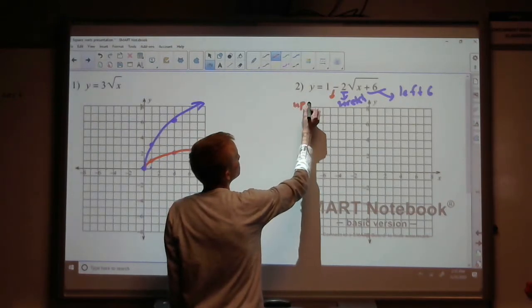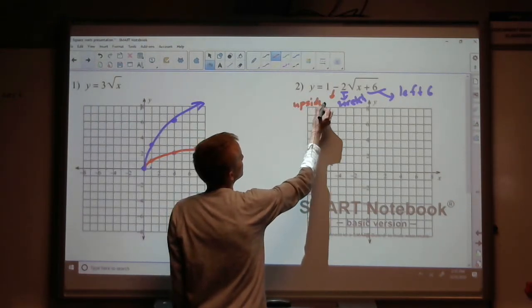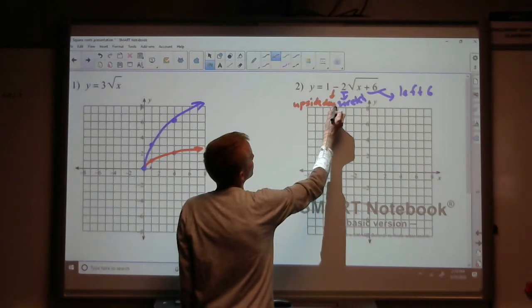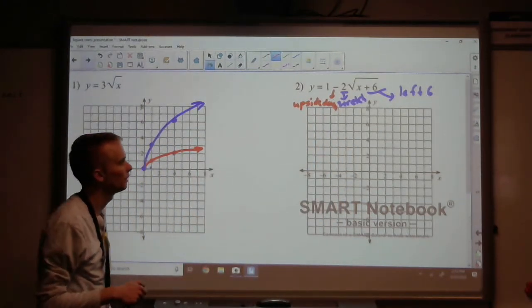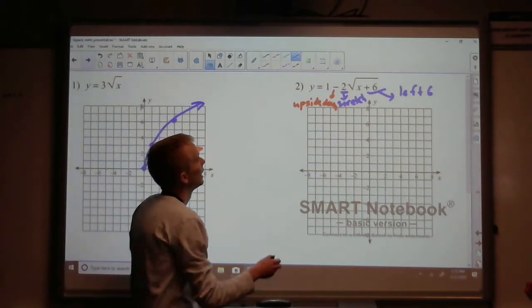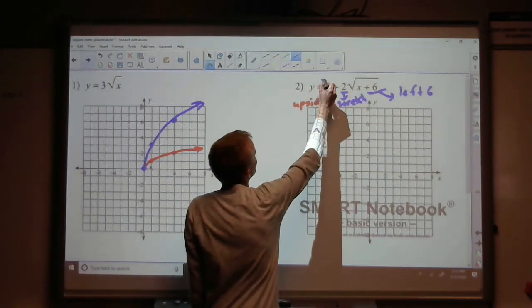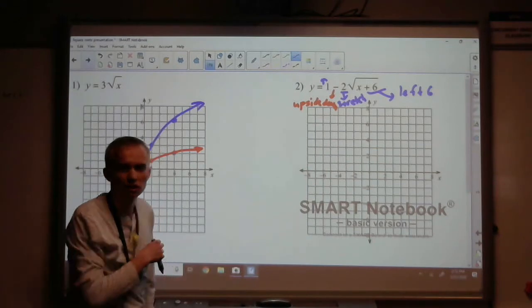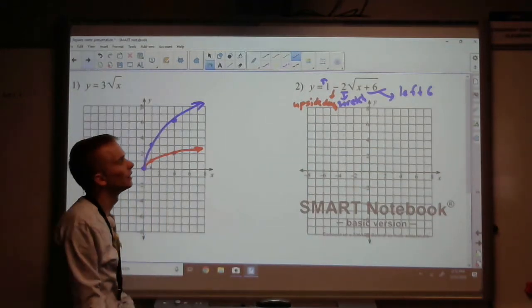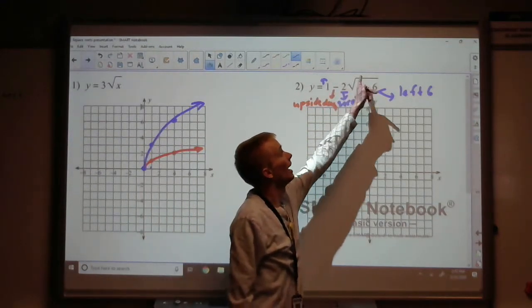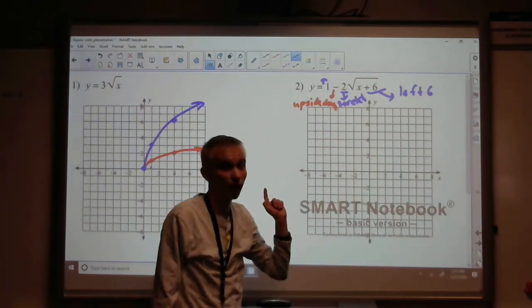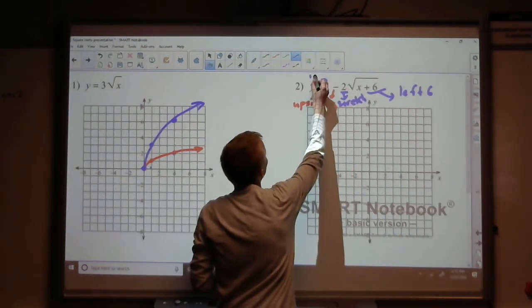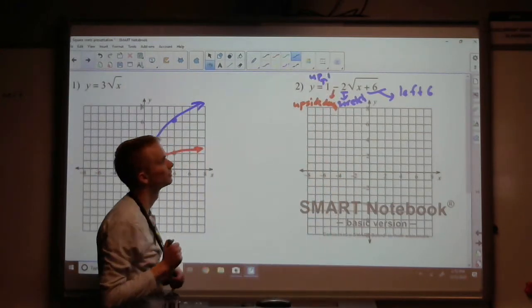This is upside down. Okay, so the negative in front means we're going to be upside down from what we were normally. And then this 1 here, that's just adding to the rest of it, right? Normally we've been writing that over here, but it doesn't matter what order you write it in. This will still be up 1, okay?